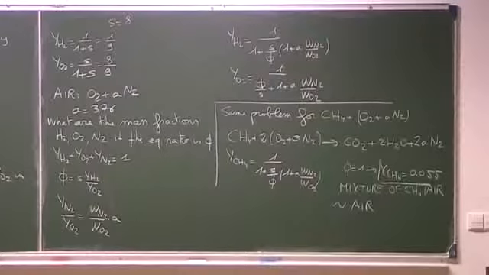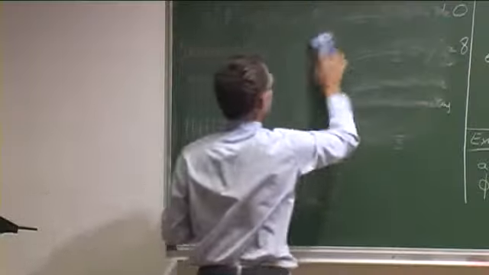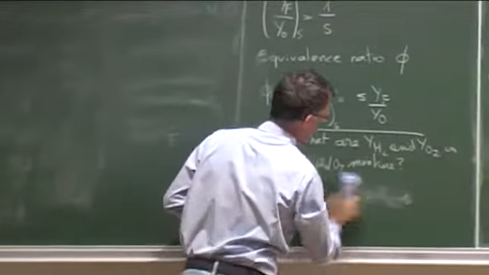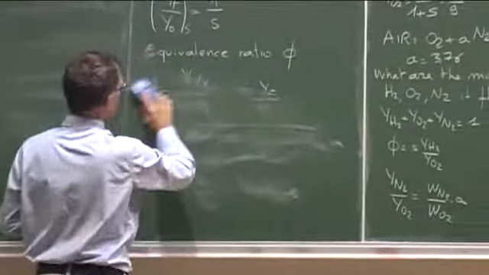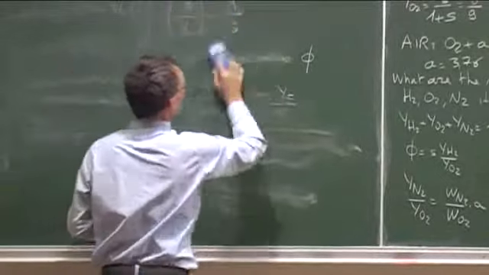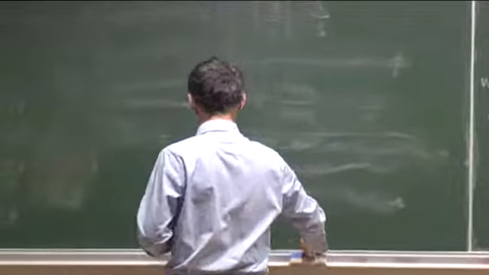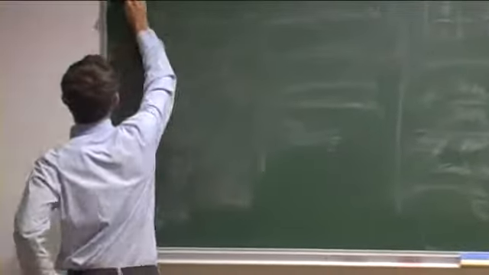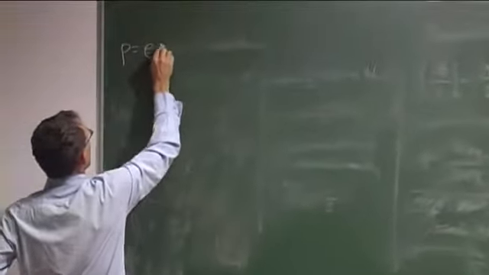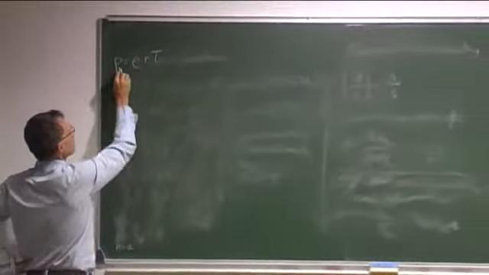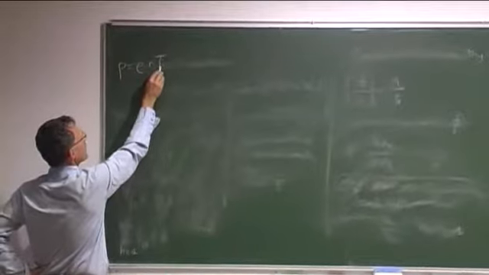Okay? Now we're going to go into the state equation. So the state equation is what you need to do any thermodynamic computation. We need to know the link between pressure, density, and temperature. So most of you, of course, know this thing: pressure, density, temperature.